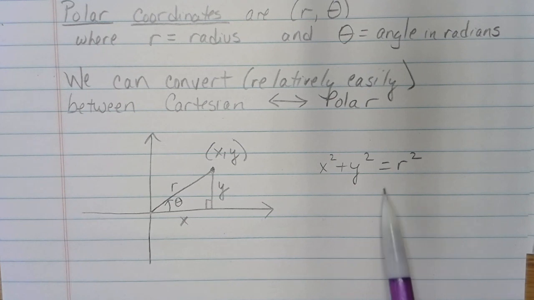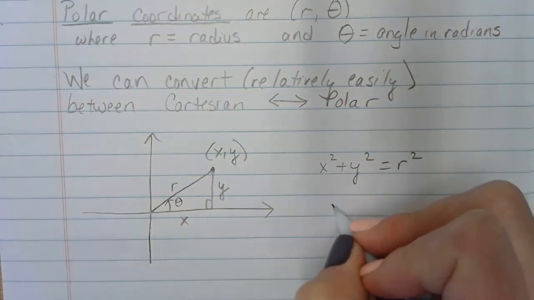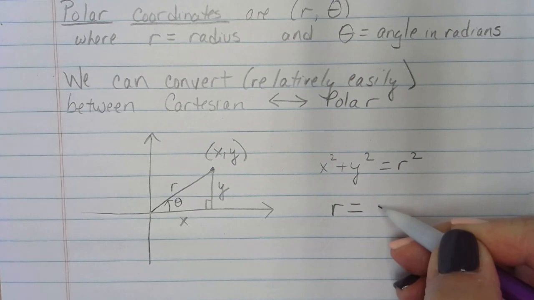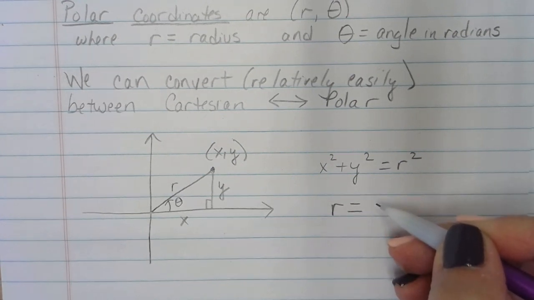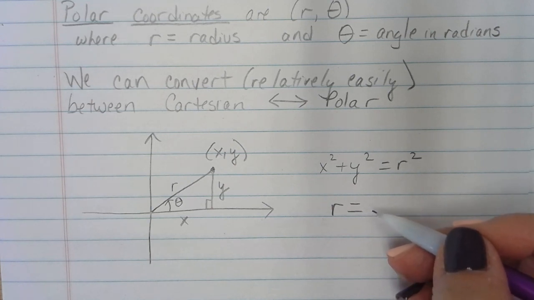If we were trying to solve for r, I can square root both sides. When I square root something, I know I should need the plus or minus, but I'm not going to write it here. Why am I not going to put the minus? Well, r is representing a radius, and a radius is a length, so we won't consider the negative.